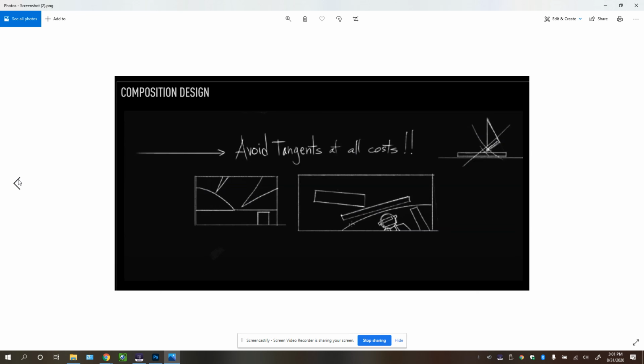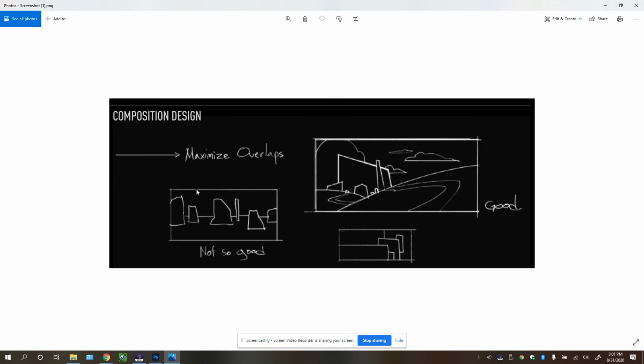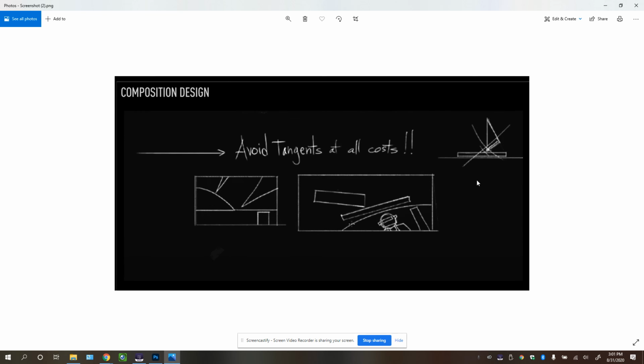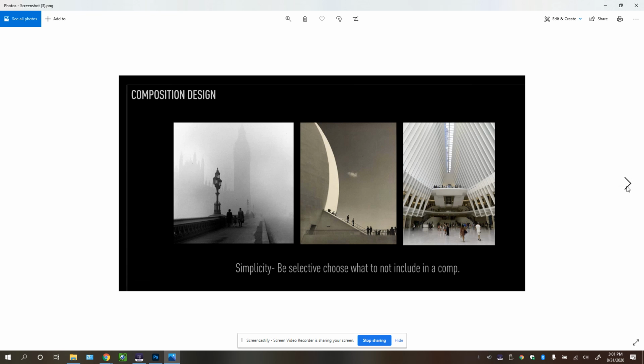So let's go back through those real quick. To make your own composition, definitely use a lot of overlapping. Create a foreground, middle ground, background. Try to avoid tangents or places where 2 objects just barely touch each other but don't cross over or overlap each other. Avoid those.